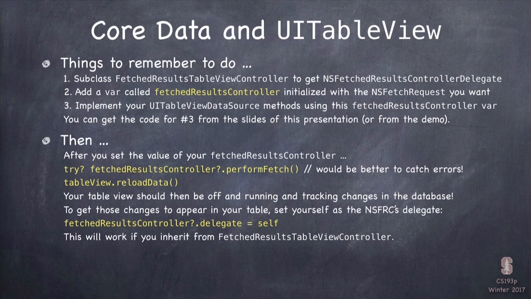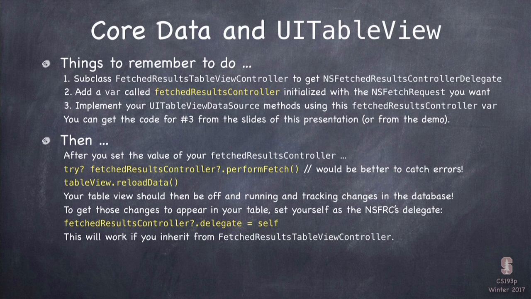It's not going to pull all the data over, but it's going to do the same thing as if you had executed the fetch request yourself. And then you're going to want to do tableView.reloadData, and that's because you want all of your UITableViewDataSource methods to be called, and you know that we've implemented all of them in terms of our fetchedResultsController as shown on the previous slides there.